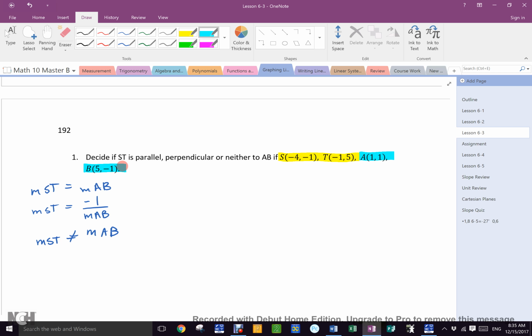You can do y2 minus y1 and check the slopes, right? If they're parallel, what will those slopes be? The same. If they're perpendicular, what will they be? Negative reciprocals. If they are neither, what will they be? Totally different, right? Let's go then.